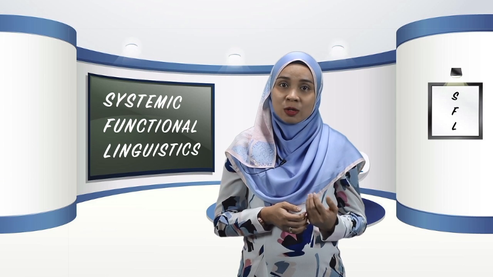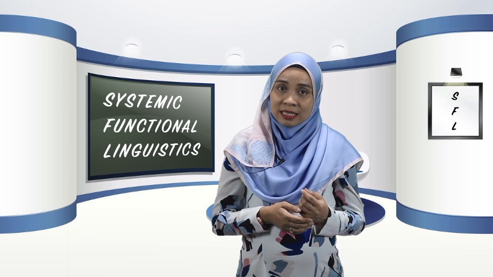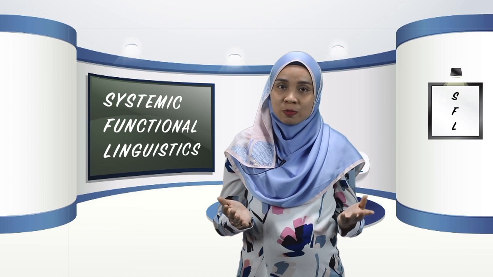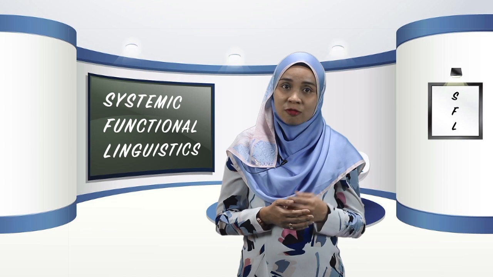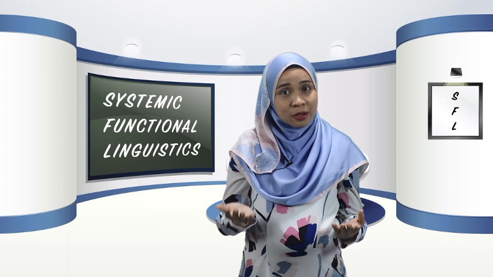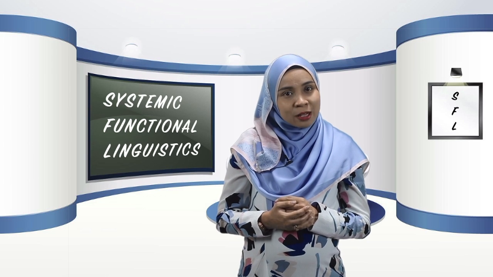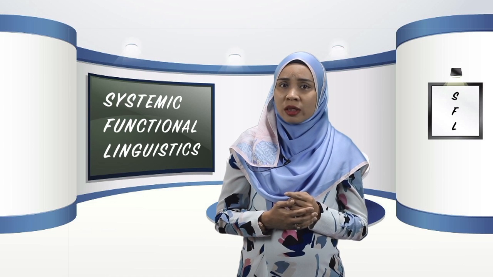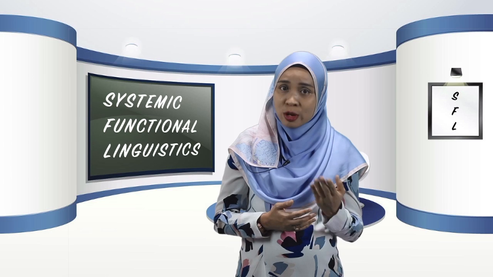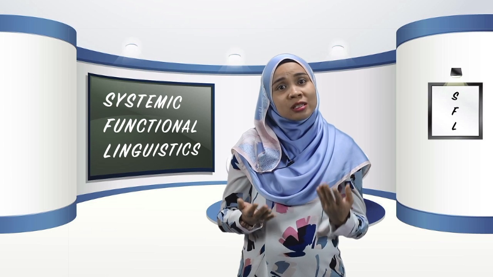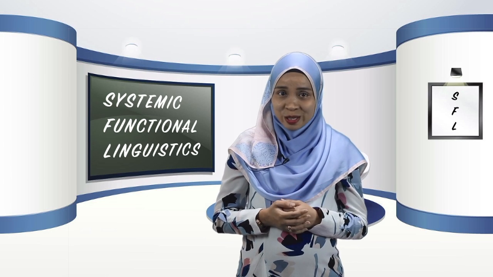As you may have already noticed by now, a text can be analyzed from various perspectives in SFL, including from the ideational, interpersonal, and textual perspectives. But the main question to ask yourself is whether the type of text you wish to analyze fits well with the type of analysis you want to do.